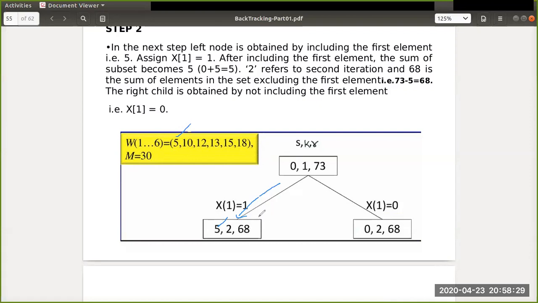This is the second level, the second iteration. Here, on the right side also, it is the second level. Here 73 becomes 68. How does it become that?